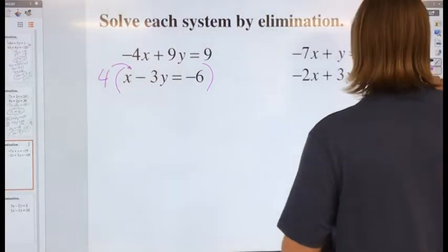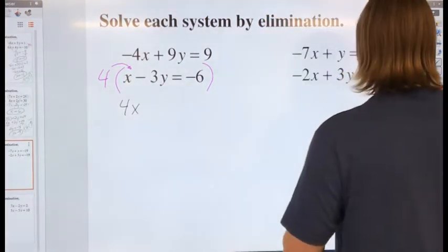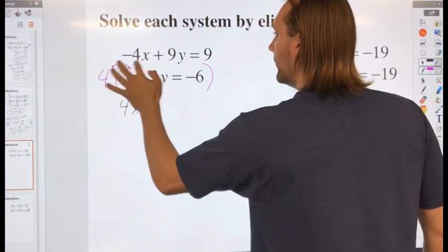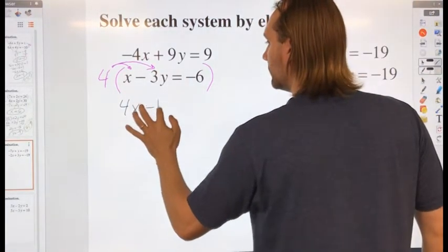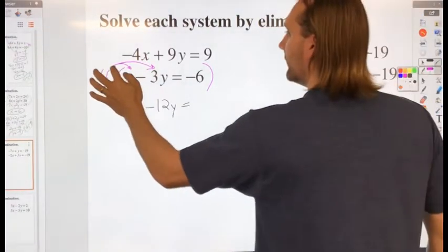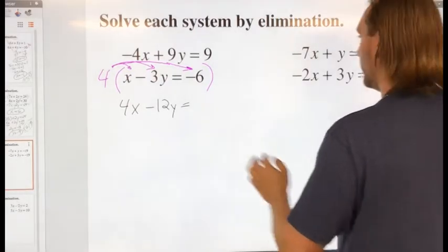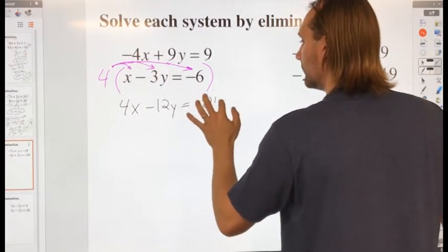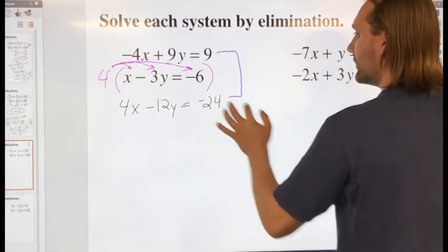That's going to give me a 4x distributed to the negative 3y. It's going to give me a negative 12y. And then distributing that to the negative 6 gives me a negative 24. So that now I want to add these two equations together.